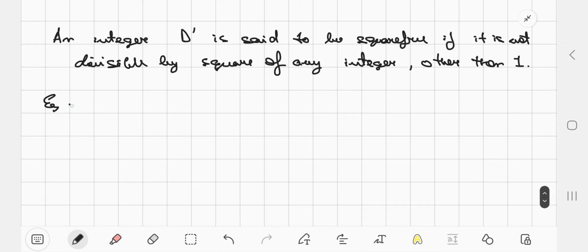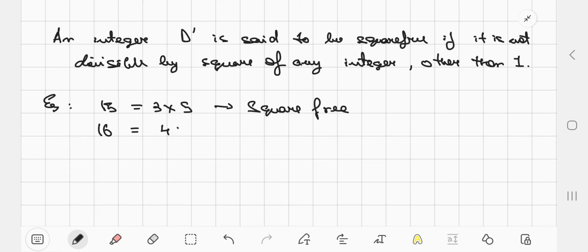For example, 15 is 3 times 5, it's surely square free, while 16 isn't, because 16 is basically 4 times 4, which implies that 4 divides 16, and 4 is nothing but 2 squared, right?